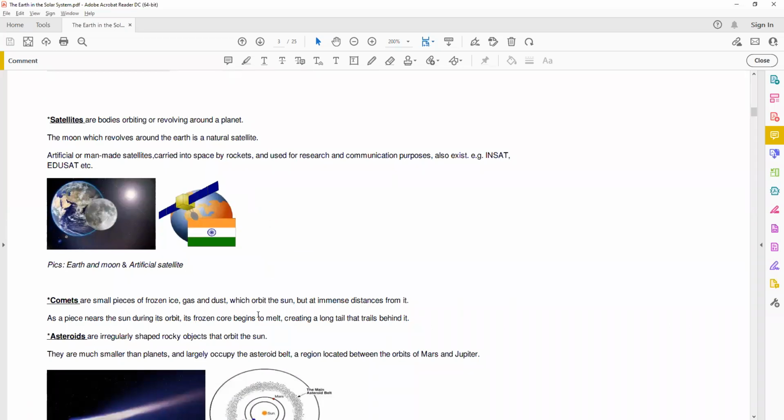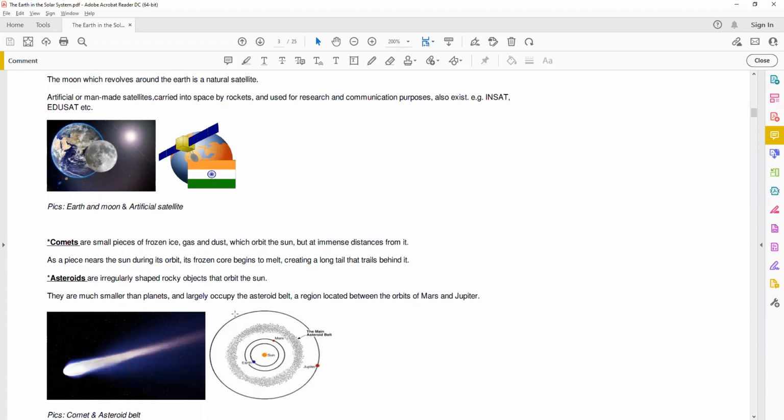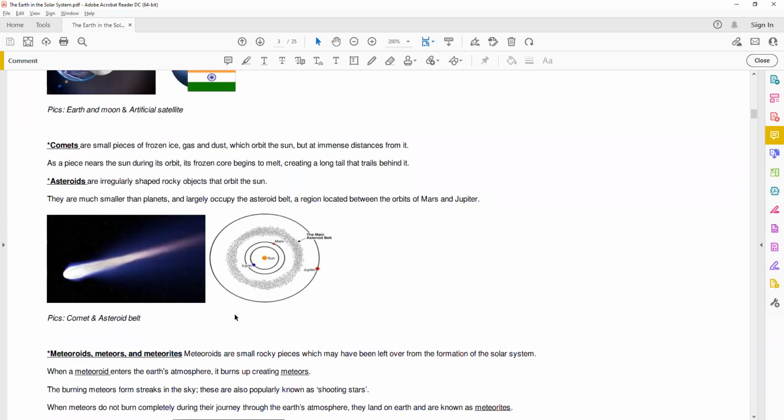So when I start reading about comet or asteroid, I am reminded of some news item, something that happened in the recent past, like the last month, the last 1 or 2 months, some comet which came very close by to the Earth, something like that, some news item, right?